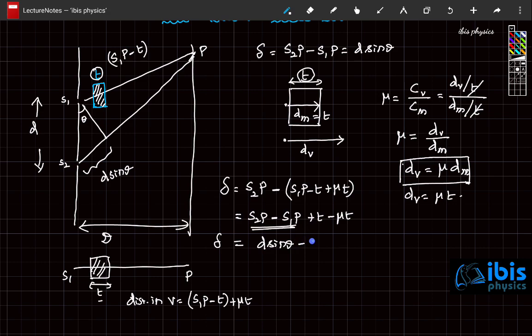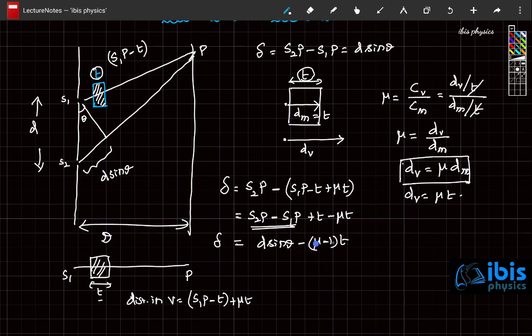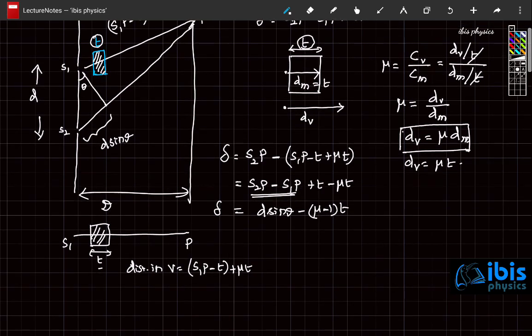Here let me take the minus out: minus of mu minus 1 into t. So the total path difference delta equals d sine theta minus of mu minus 1 into t.